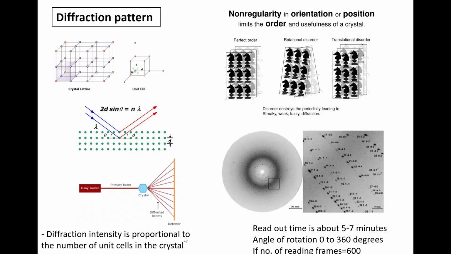Also, what we learned is that for getting a diffraction, there should be constructive interference and Rayleigh scattering, and this constructive interference will only occur if the X-rays follow Bragg's law. That is, 2d sin theta equals n lambda. We derived this Bragg's law last class, so you can go to the last class video and check why this Bragg's law is important for the constructive interference.